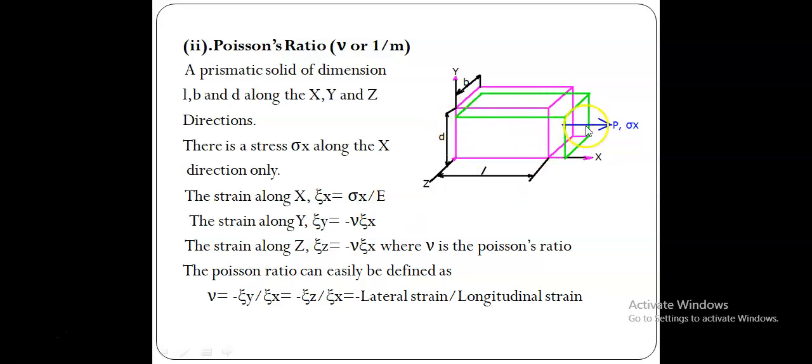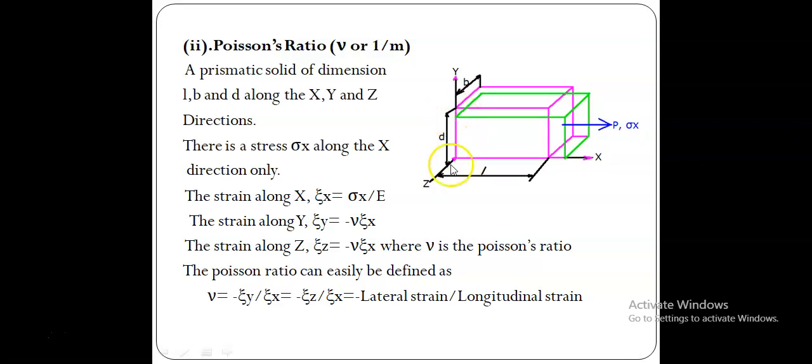Now, because of this pulling along the x direction, what happens in the lateral direction, that is along y direction and z direction? You see that this is the initial dimension d, whereas after the body is subjected to pull, or it is elongated, the depth d gets reduced.